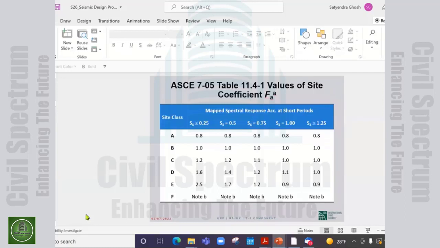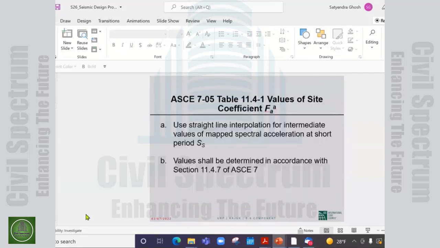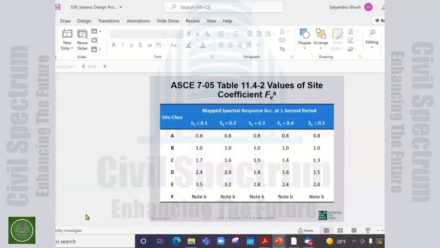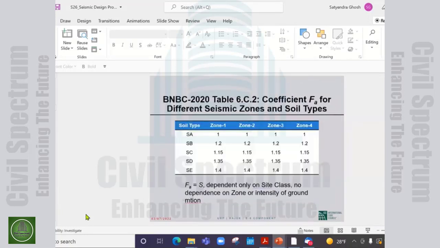No, I will tell you which slide. Yeah, this one. Okay.